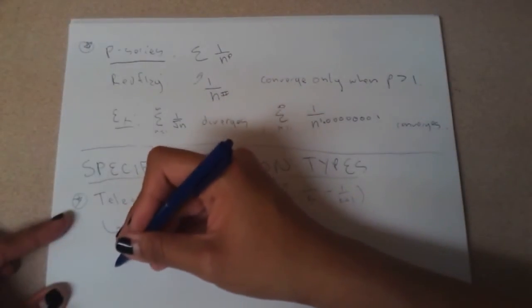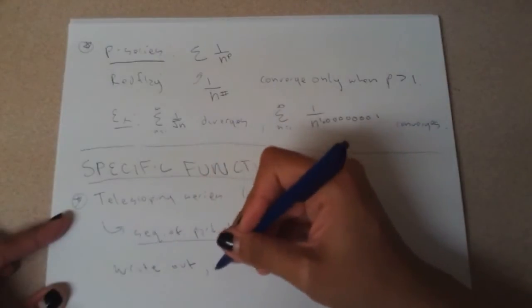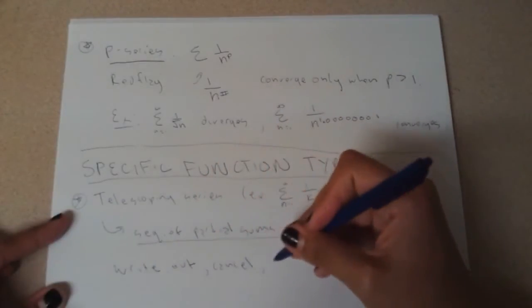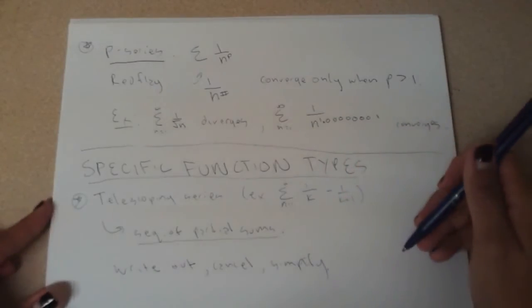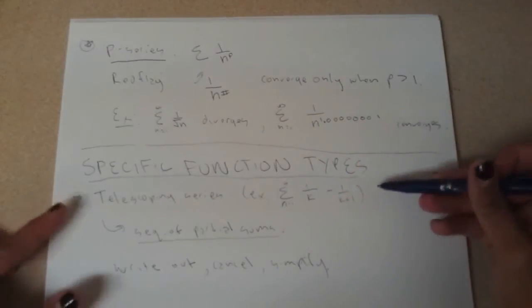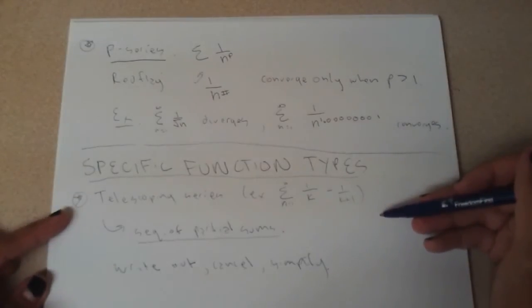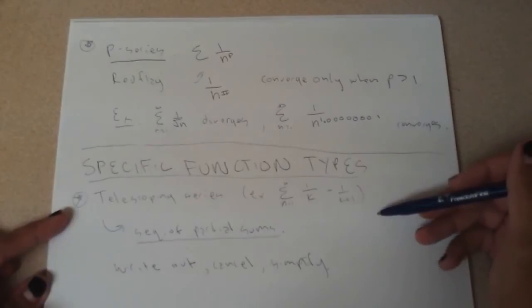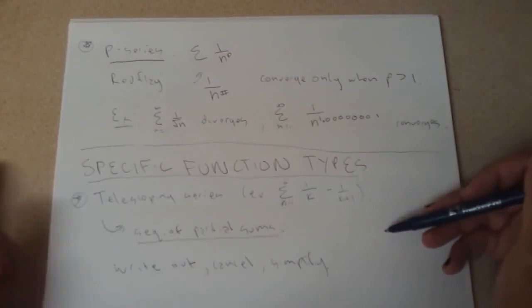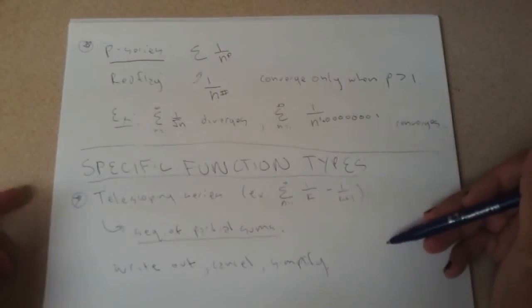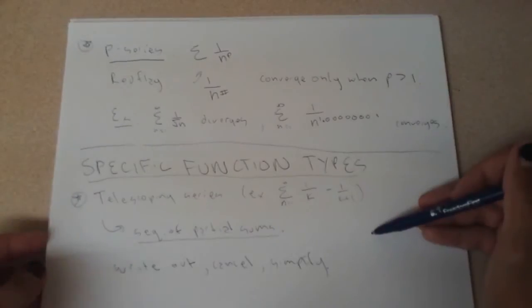In a case like that, you can actually write this out and simplify this. So what's happening here is you probably want to write this out, cancel, and simplify. Again, like I said, this is probably a case that we're going to want to try and avoid if we can, but if you are actually asked to evaluate and tell me what this comes out to, we're probably stuck doing sequences of partial sums because it's one of the few things that actually lets us compute stuff.